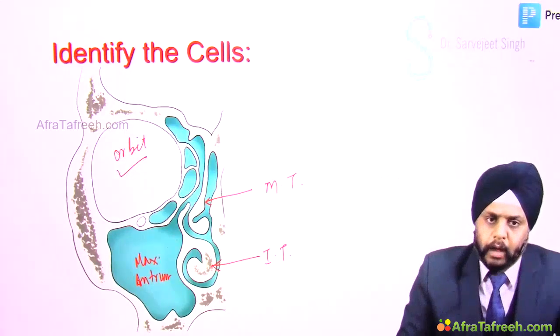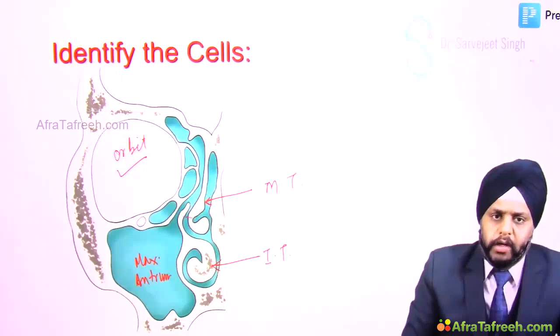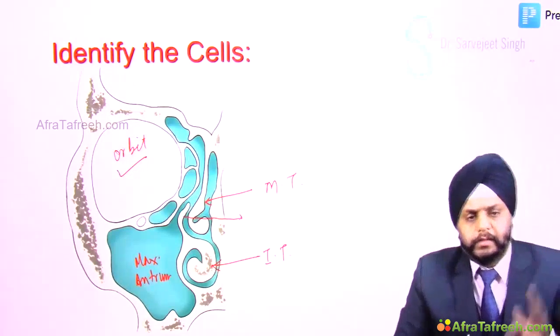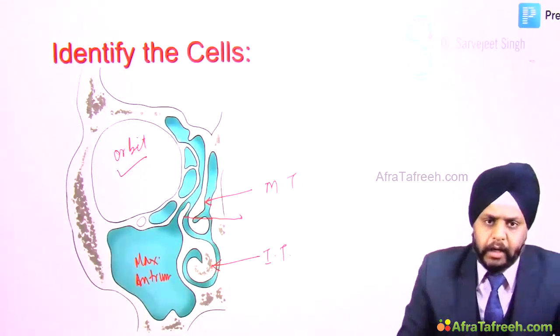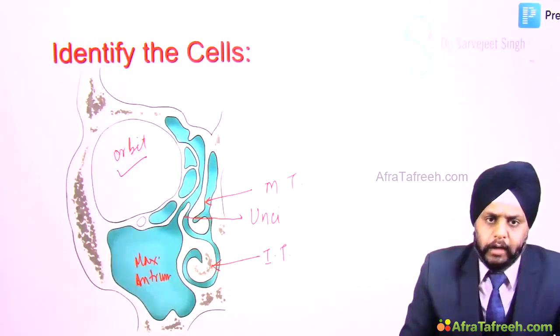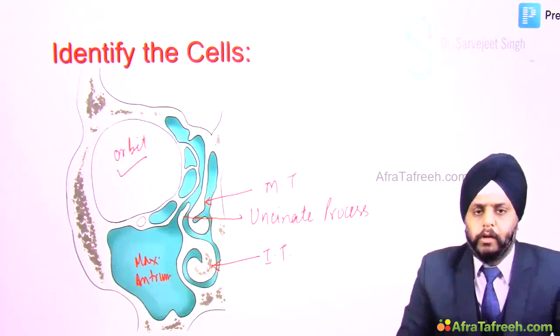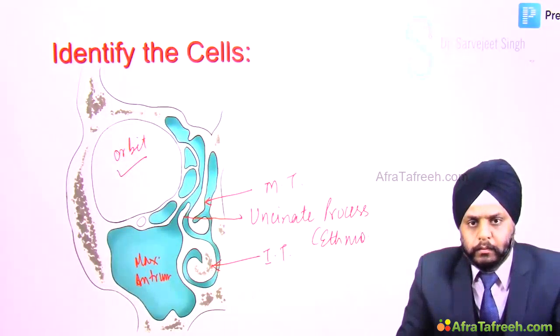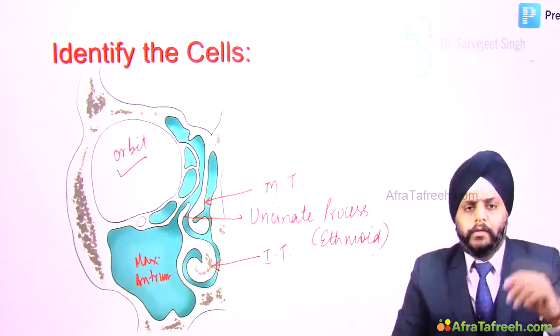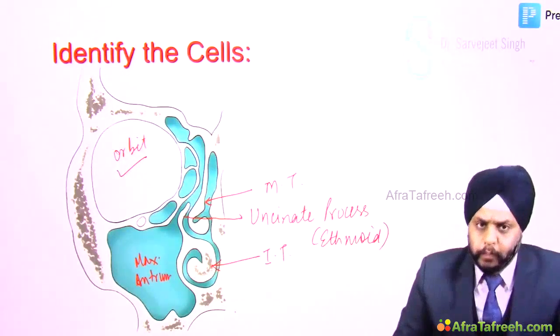What is this? This is a flap-like structure at the opening of the maxillary antrum. We call it the uncinate process. Which bone? It belongs to the ethmoid bone.